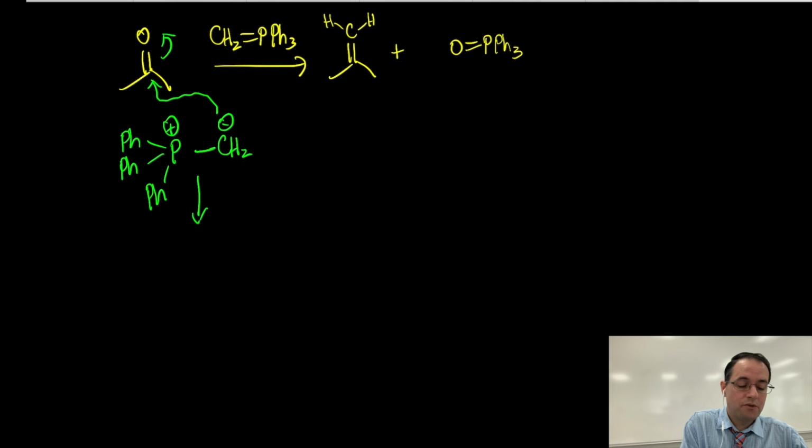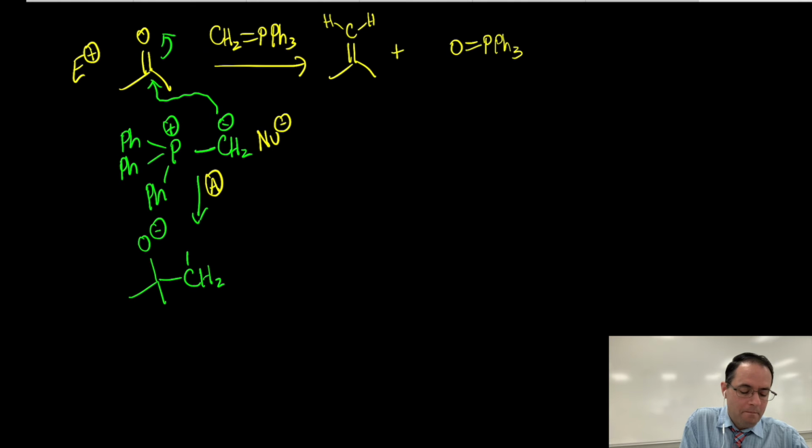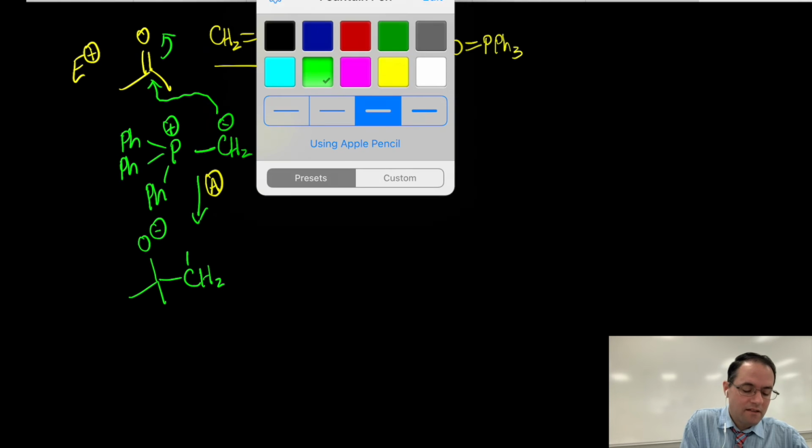Okay, so remember again, I'll sketch it out. Negative is the nucleophile, and it's delta plus on this ketone, so that's the electrophile. Okay, so that's A for attack. Okay, so we've added our CH2 group here. And we've got the phosphorus.